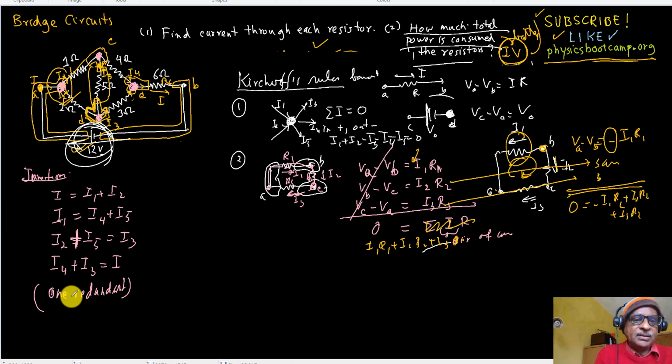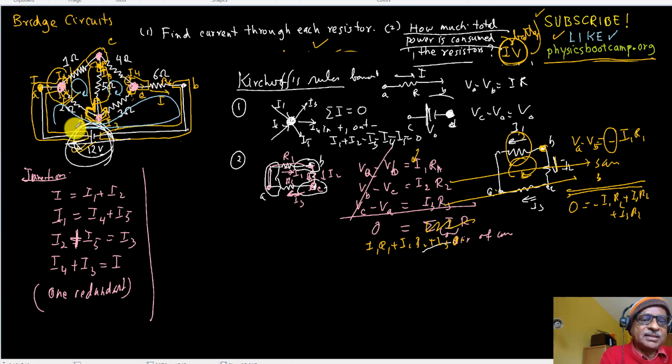Okay, so those are the junctions. In case of loops, you can immediately see I can go this way, we can go this way, and another loop can be like I go all the way like this. So you can have 3 loop equations, and say this is loop 1. I'm going in the same direction as the current, so minus I1 R1.